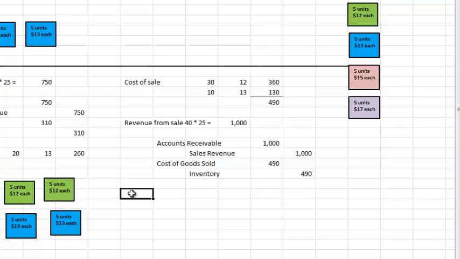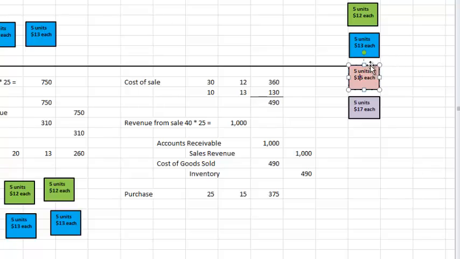Now the next thing that is going to happen in our business is on March 17th, we are going to purchase another 25 units that cost $15 each. So the total cost of our purchase is $375. I'm going to go down to my $15 units.